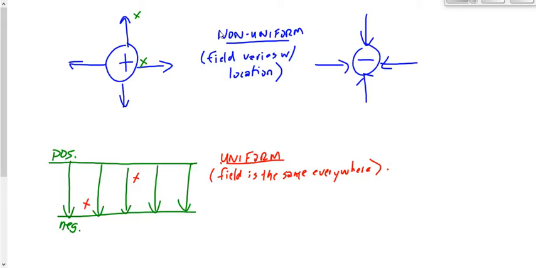Now, when would you see one of these uniform fields where the field lines are parallel to each other in real life?